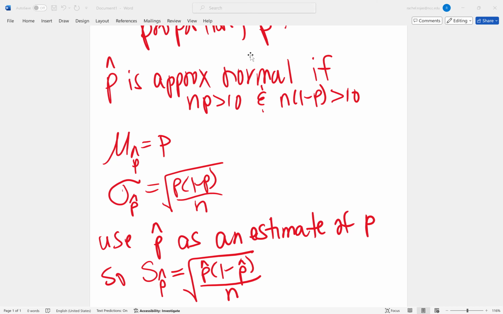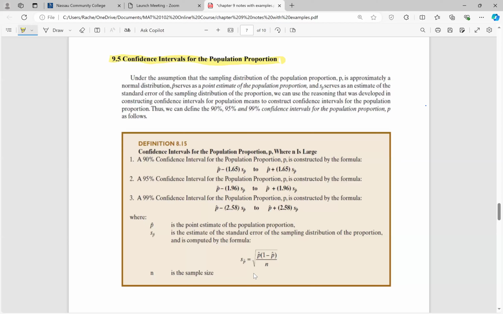So let me go back to the notes. Under the assumption that the sampling distribution of the sample proportion is approximately normal, P hat serves as a point estimate of the population proportion, and S sub P hat serves as an estimate of the standard error, just like I showed you on the whiteboard.